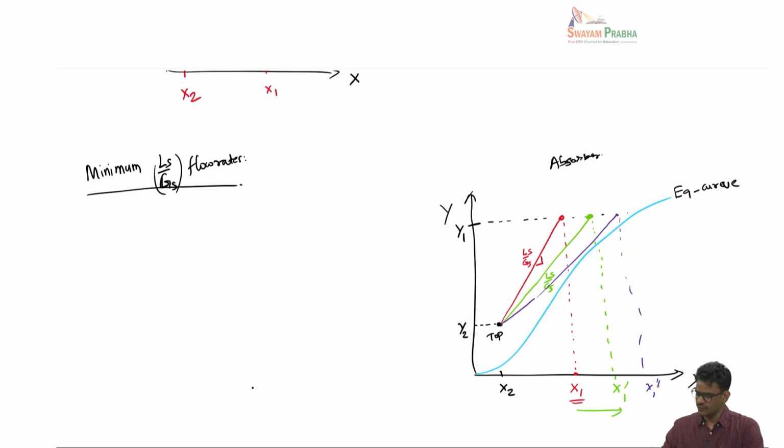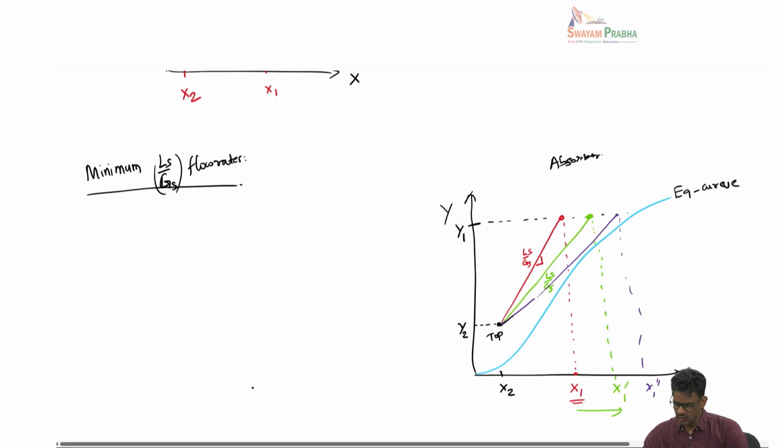So if I keep on doing it, at some point of time I might touch this equilibrium line, and that I call as my minimum liquid flow rate. It's supposed to be just touching above. And this would be the x1 corresponding to minimum liquid flow rate.